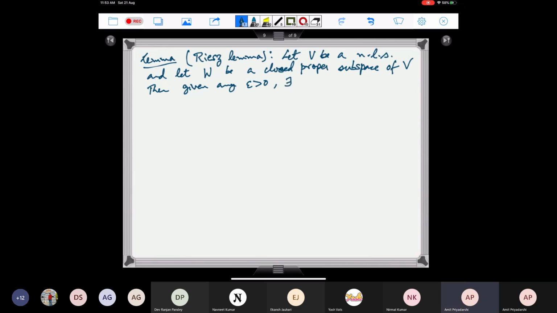There exists U in V. So this will depend on epsilon. So given epsilon, you get a vector U. This is depending on epsilon.